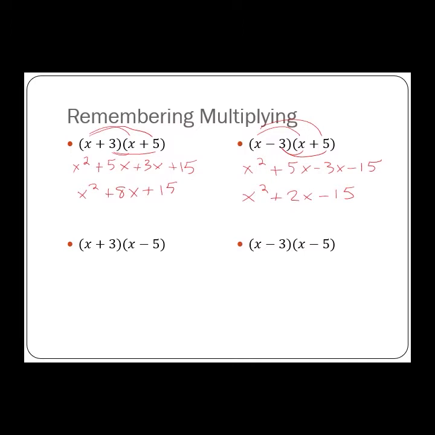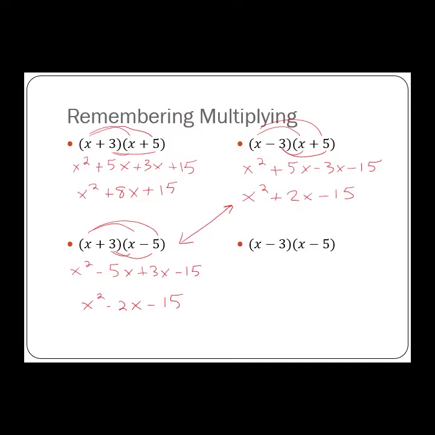But the middle still comes from that 5 minus 3, looking at what happens when you put those two numbers together. Here we're going to get x squared minus 5x plus 3x minus 15, x squared minus 2x minus 15. So it looks really similar to that one, but the sign in the middle is different.